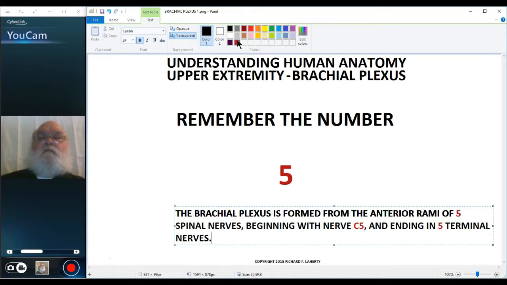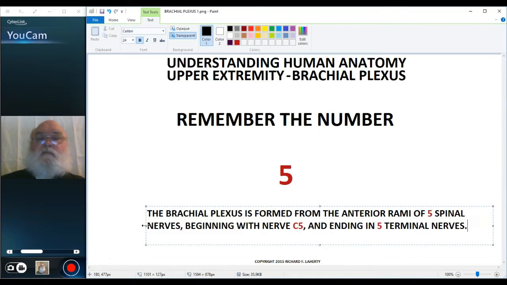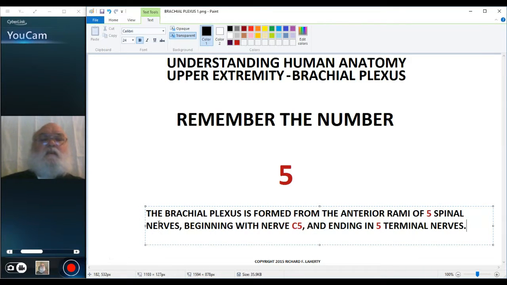So, anterior rami of 5 spinal nerves beginning at C5 and then ends in 5 nerves.